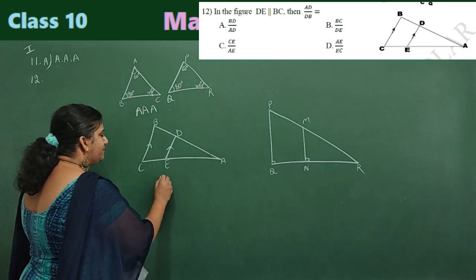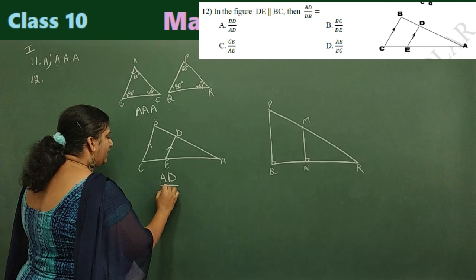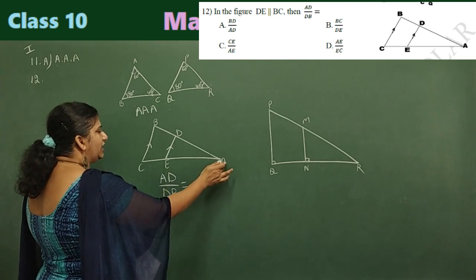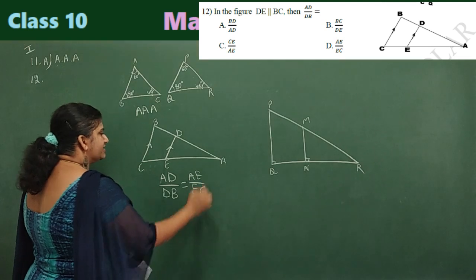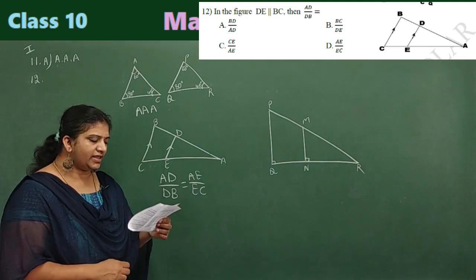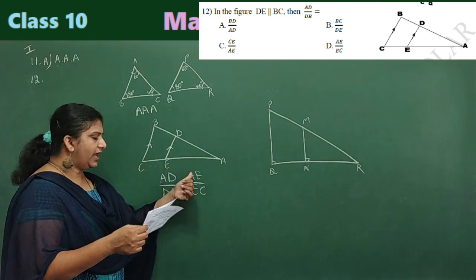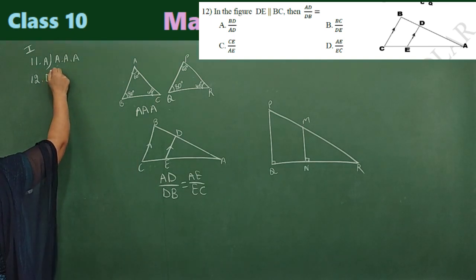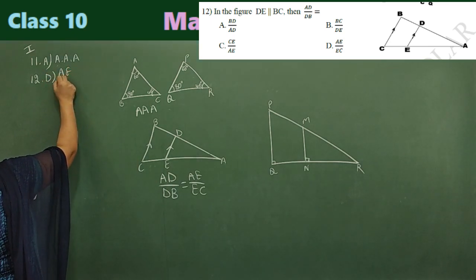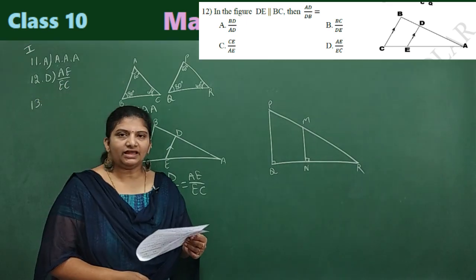That means AD by DB is equal to AE by EC. Check for the answer. AD by DB is already given in the question. AE by EC. Option D.